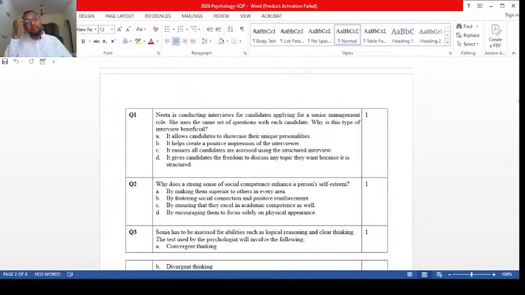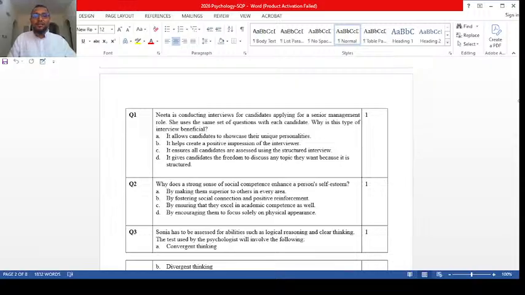When you are using the same set of questions, it ensures all candidates are assessed fairly. If you ask a different question, the difficulty level may be different for another person. So same question, same pattern: it is basically the structured interview format. So option C is the right answer.